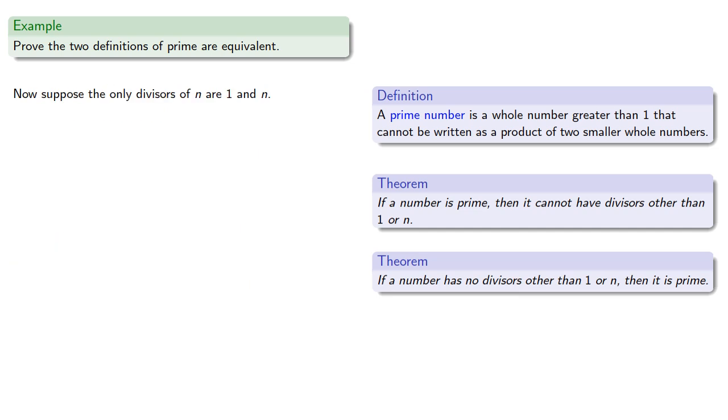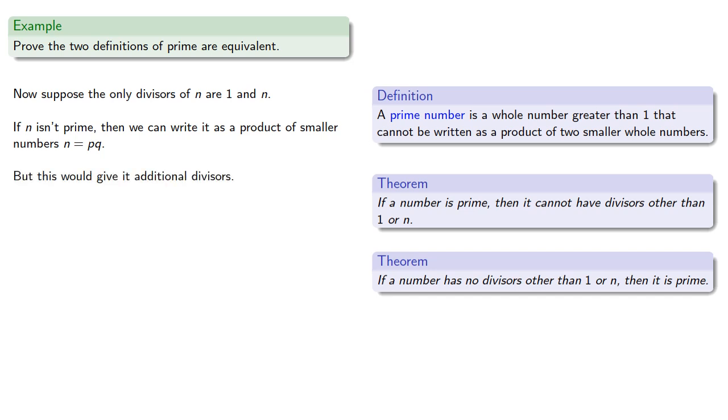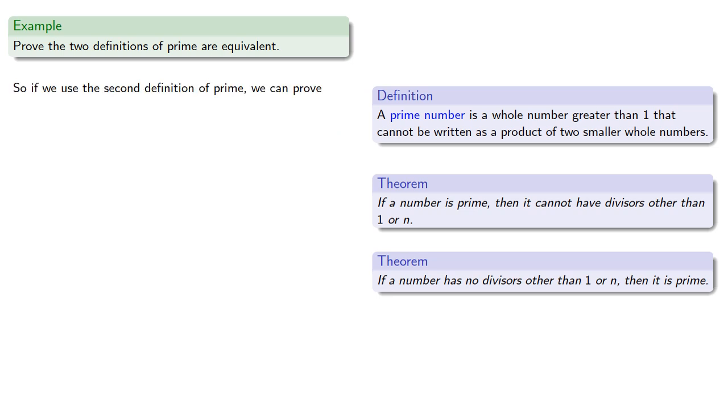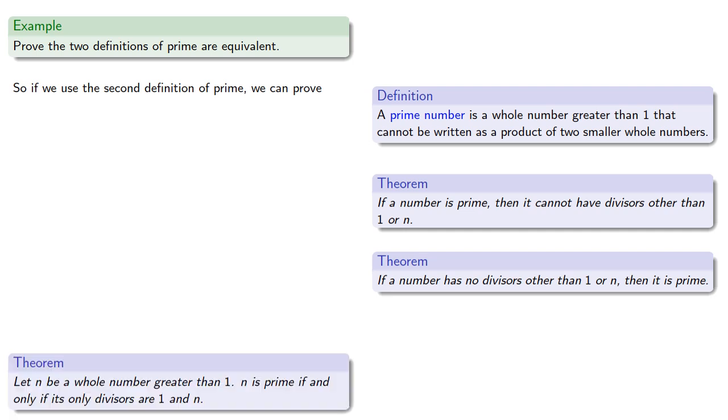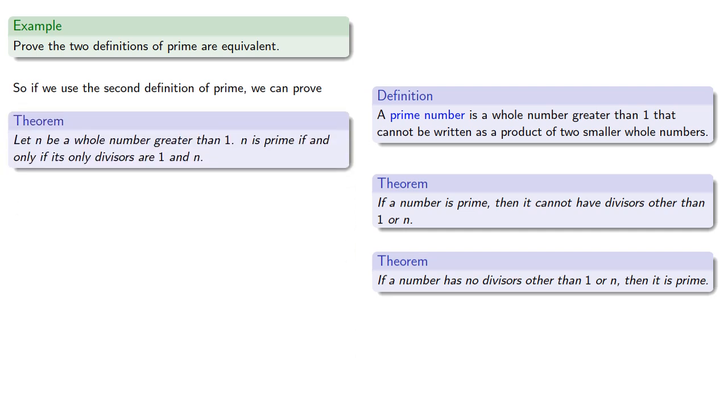Now suppose the only divisors of n are 1 and n. If n isn't prime, we can write it as a product of smaller numbers, but this would give it additional divisors, so n can't be prime, which is a contradiction. So if we use the second definition of prime, we can prove as a theorem: let n be a whole number greater than 1, n is prime if and only if its divisors are 1 and n.